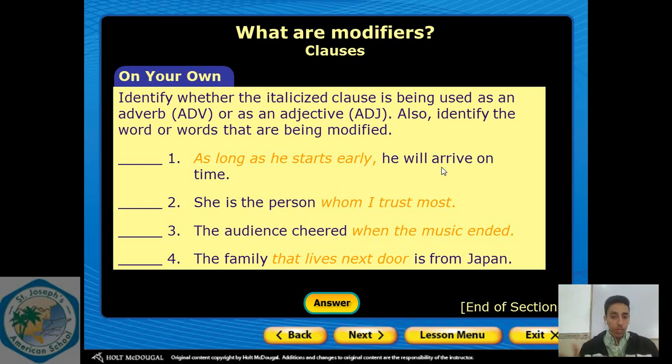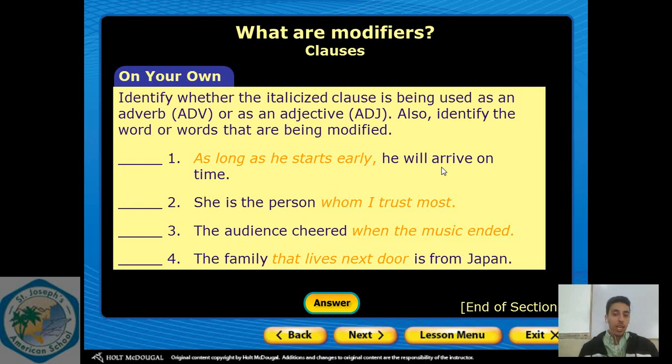The next one: we said the quick trick is that whenever we have a relative pronoun, the dependent clause is behaving as an adjective. Which person? She is the person whom I trust most. Number 3 is very clear also: The audience cheered when the music ended.